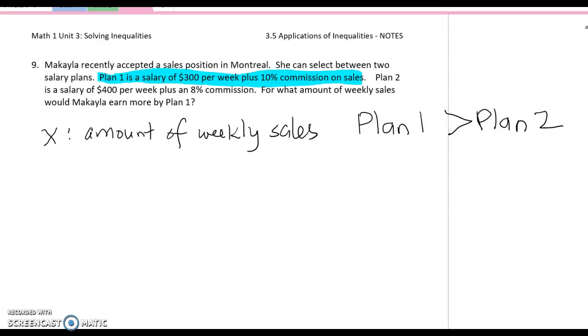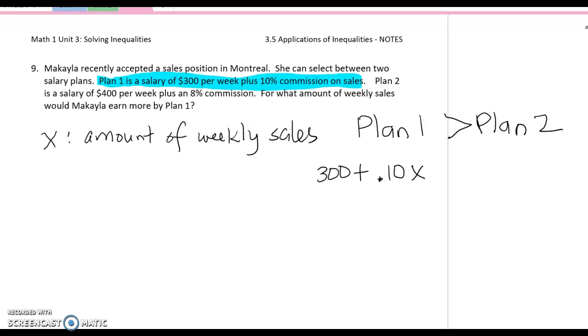For Plan 1, she's getting $300 per week plus the 10% commission on sales. 10% as a decimal is 0.10, and we're going to multiply that by X. When it comes to percentages, we're always going to multiply those values to something. In this case, we're multiplying it to X.